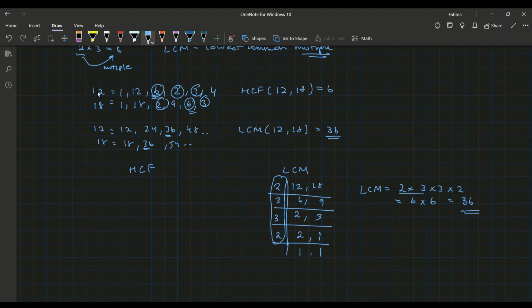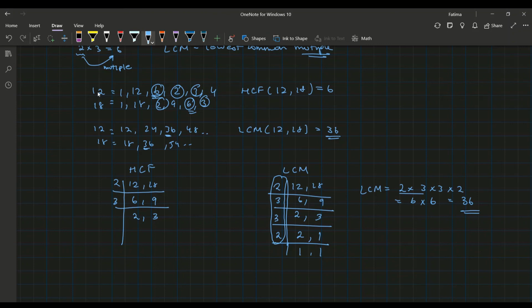Now for the HCF, we had 12 and 18. In the same way, we'll pick out the common factors. So it will be 2 to give us 6 and 9. And then it would be 3 to give us 2 and 3. Now the difference between HCF and LCM is that you stop where you cannot find any more common factors.